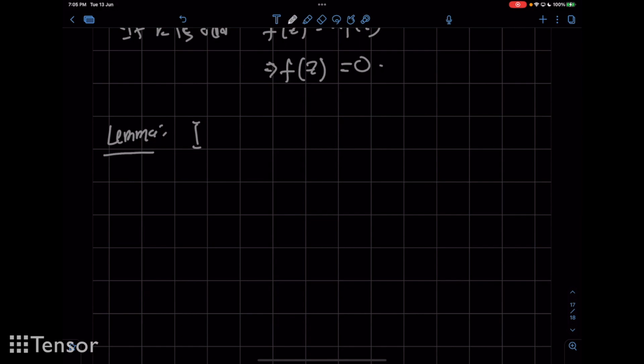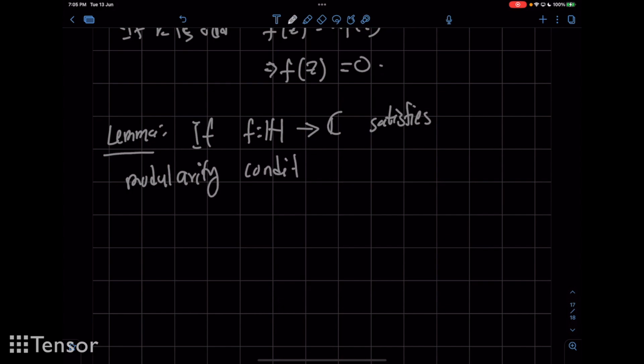Now, lemma. If a function f from the upper half plane to the complex numbers satisfies the modularity condition for gamma 1, gamma 2 in SL2Z, then it also satisfies the modularity condition for gamma 1 times gamma 2.